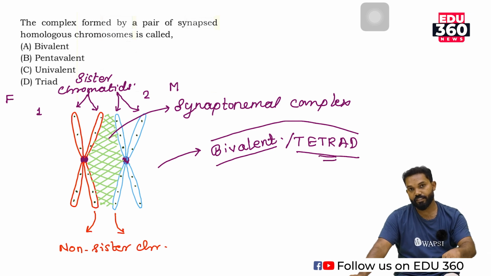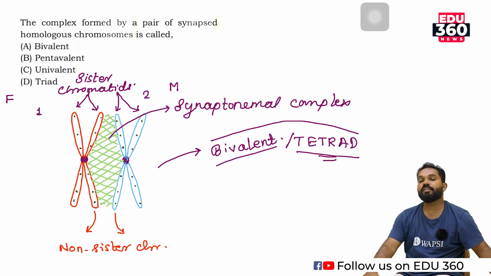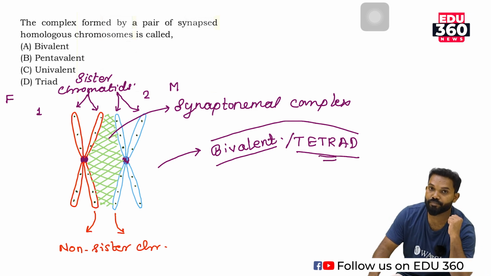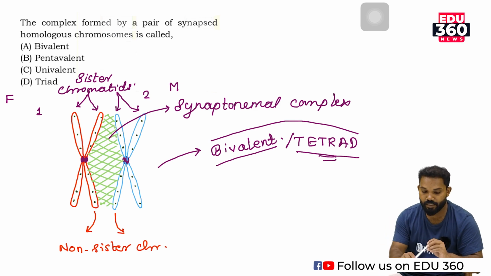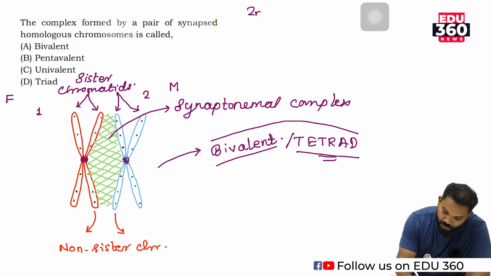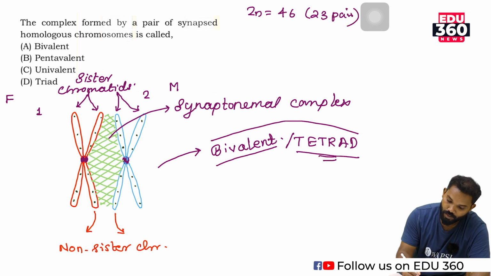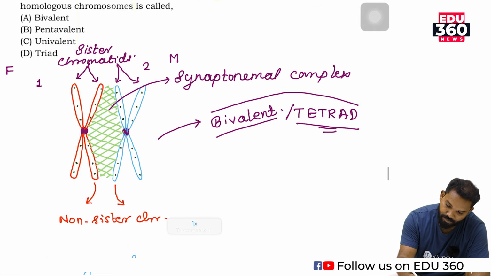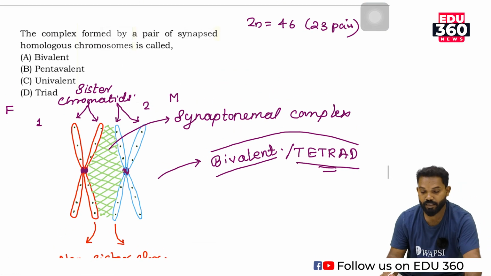So when we consider a human cell which undergoes meiotic division, how many tetrads are formed? In our cells, the diploid number of chromosomes is 46, or 23 pairs. So, before synapsis, there are 46 chromosomes independently present.